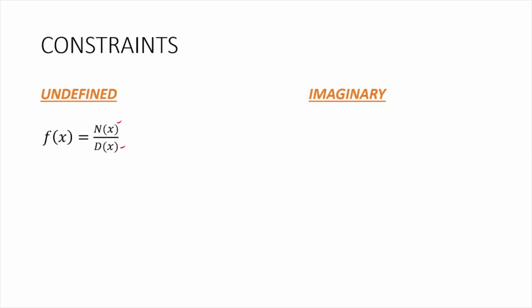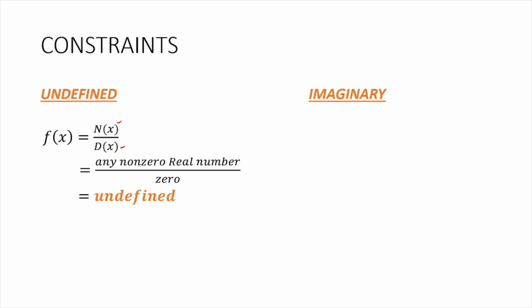Again, for undefined function values, we have a rational function where the value of the numerator is any non-zero real number, so any constant value, and the denominator is 0. So for example, 4 divided by 0, 6 divided by 0, 100 divided by 0, right? And if this is the case, then we have an undefined function value, right?